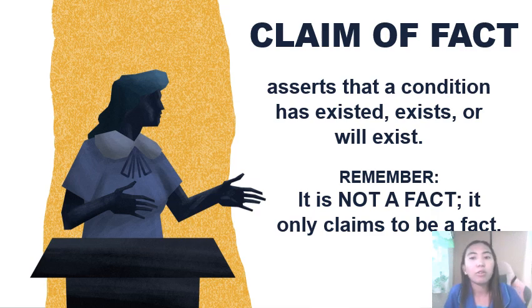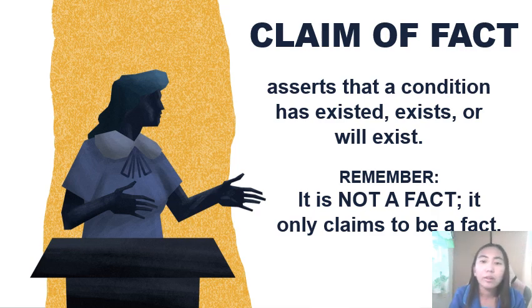Okay, so our first claim is the claim of fact. In a claim of fact, it asserts that a condition has existed, exists, or will exist. So a claim of fact asserts that something is true in the past, true in present times, or in the future.